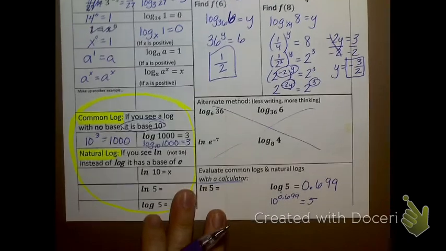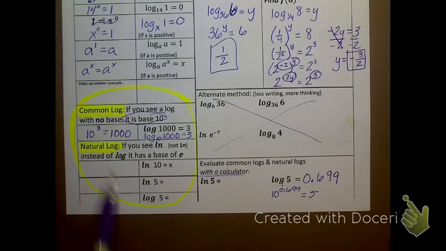Okay? The other one we need to know is called a natural log. That's another button, should be right next to or right underneath the log button on your calculator. It says ln, that is a lowercase l, and I can't tell you how many students tell me, oh, it's in, or it's 1n. No, it's natural log. ln.